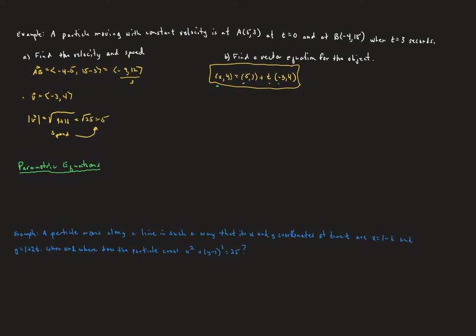So we could say correctly that (x, y) is going to be (5 plus, or let me make it a minus because the 3 is negative, 5 minus 3t, 3 plus 4t). That's a condensed version of this. If we take it one more step and separate these out, we can say x of t is 5 minus 3t, and y of t is equal to 3 plus 4t.